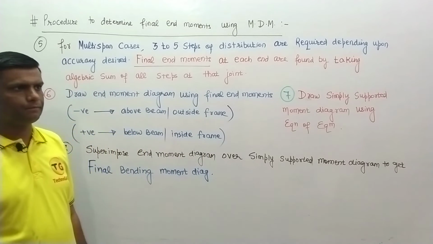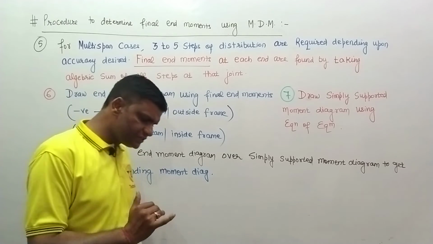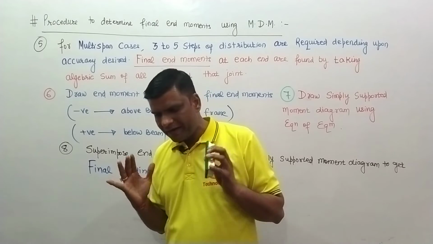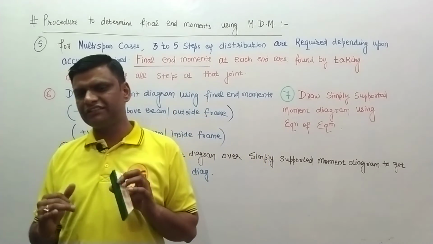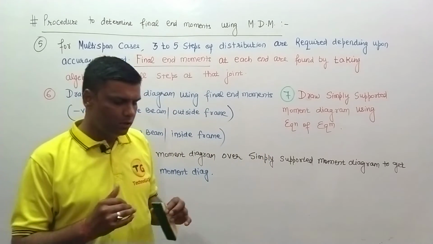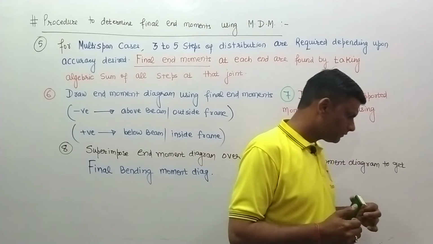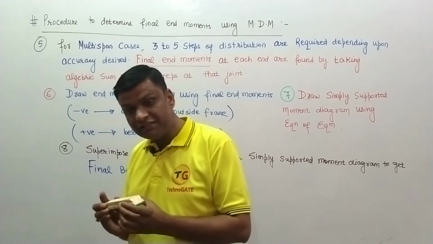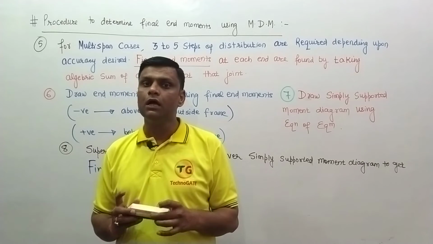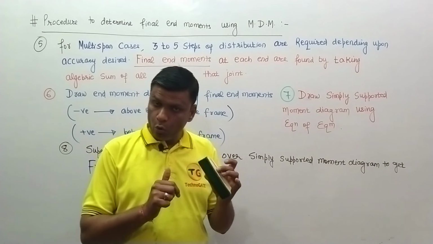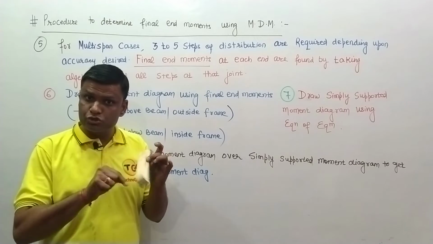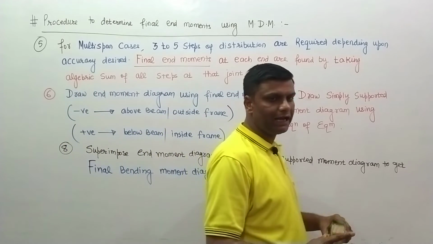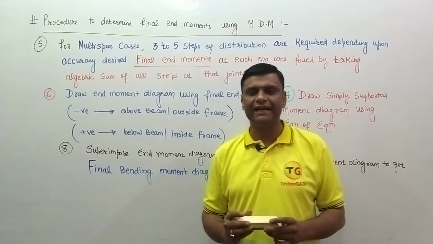But if the far end is hinged, then that moment will not be carried over. Since as we know, at the hinged end or at the roller end, the moment is equal to 0. So to get the moment value equal to 0, we have to apply some correction. That correction is called the end correction.